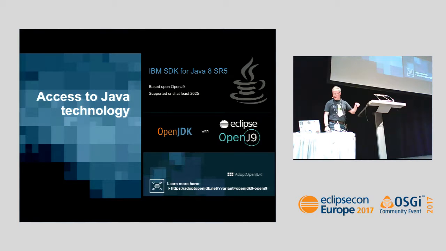And then just to put in a little plug for the IBM JDK. We just came out with Java 8 SR5. Normally, one of our fix packs doesn't cause a whole lot of excitement. This one does, because with SR5, we are basing it on our OpenJ9.